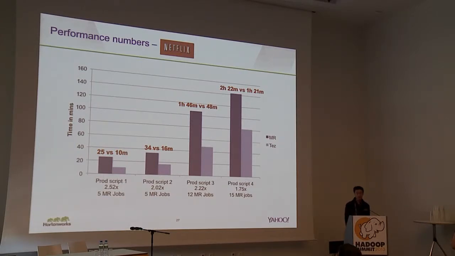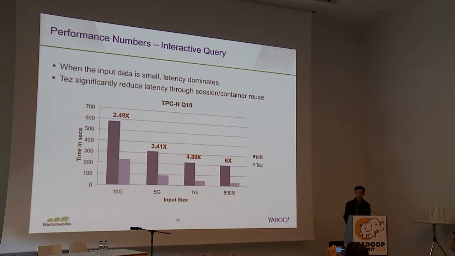And here's the performance number from Netflix. They also run different Pig scripts and also see consistent performance improvements. Besides the heavy-duty ETL job, we also tested Pig on Tez to run interactive queries.